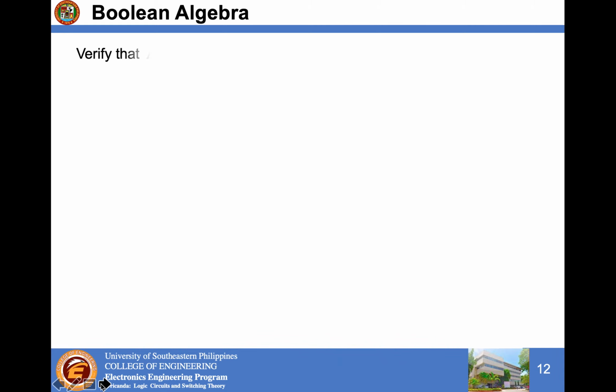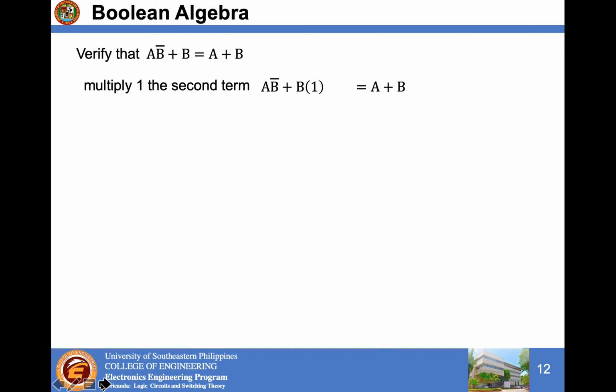Another, if we have to verify that A, B bar or B is the same as A or B. So we have to multiply 1 to the second term. So we now have A, B bar or B with 1 and with 1. Using the annulment law, the one that we have is equivalent to A or 1. Then we have to distribute.